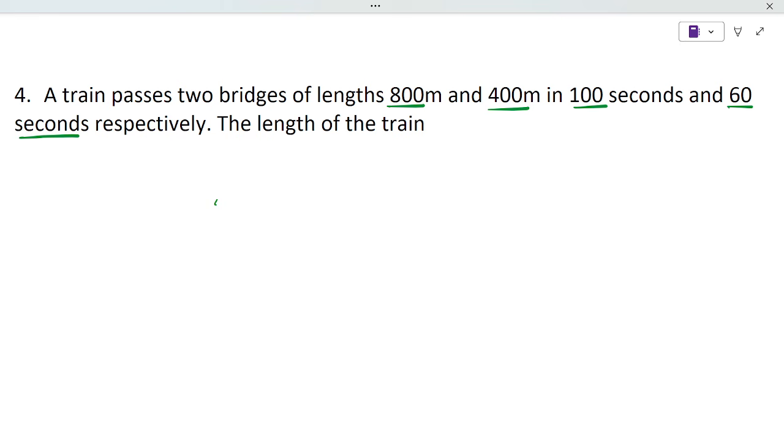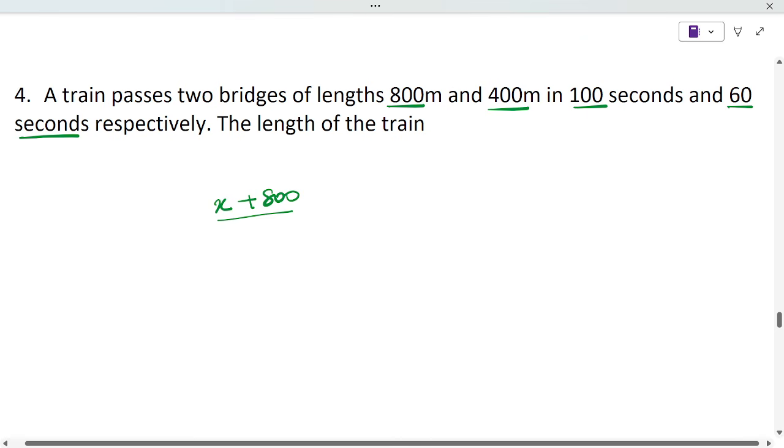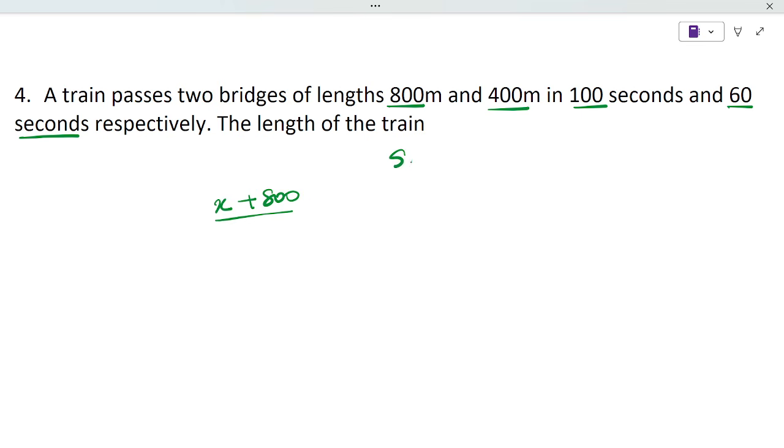The length of the train we don't know, so x plus 800 is the distance. We can solve it by speed 1 is equal to speed 2, because it is the same train, which means the same speed. But the crossings are for different distances, one 800 meter bridge and one 400 meter bridge.